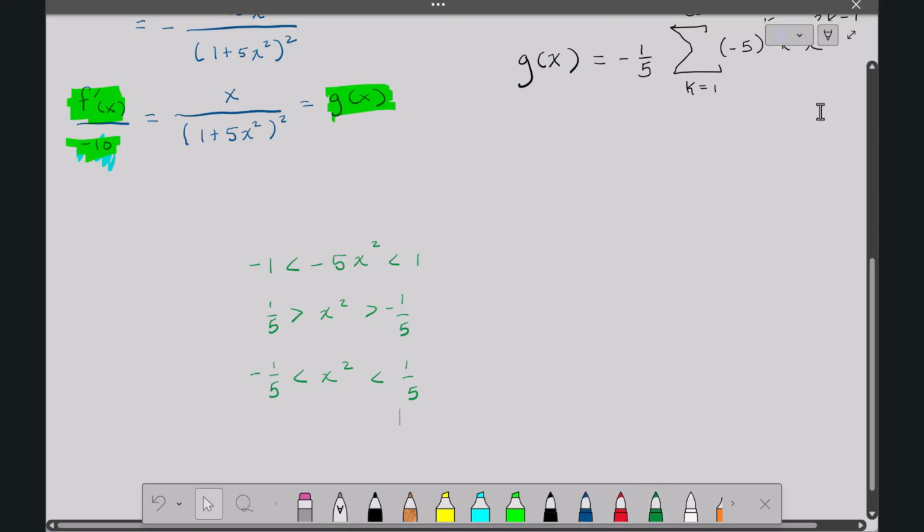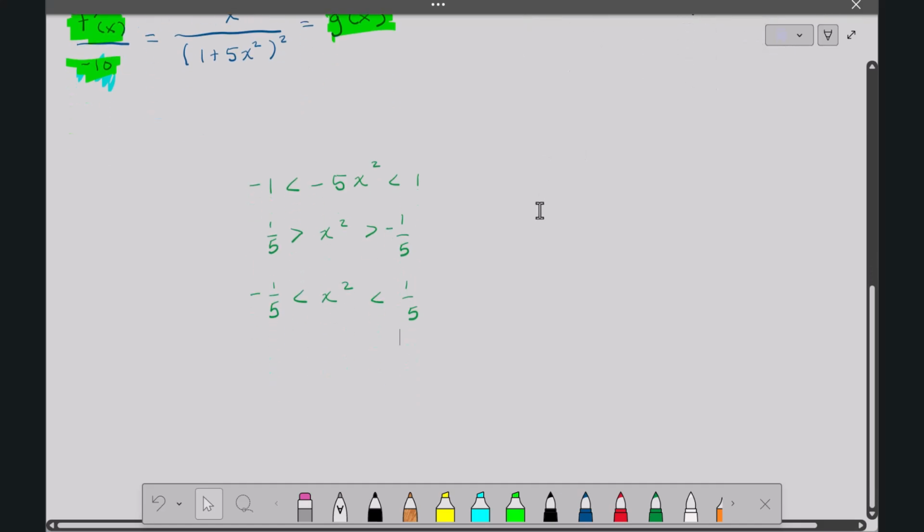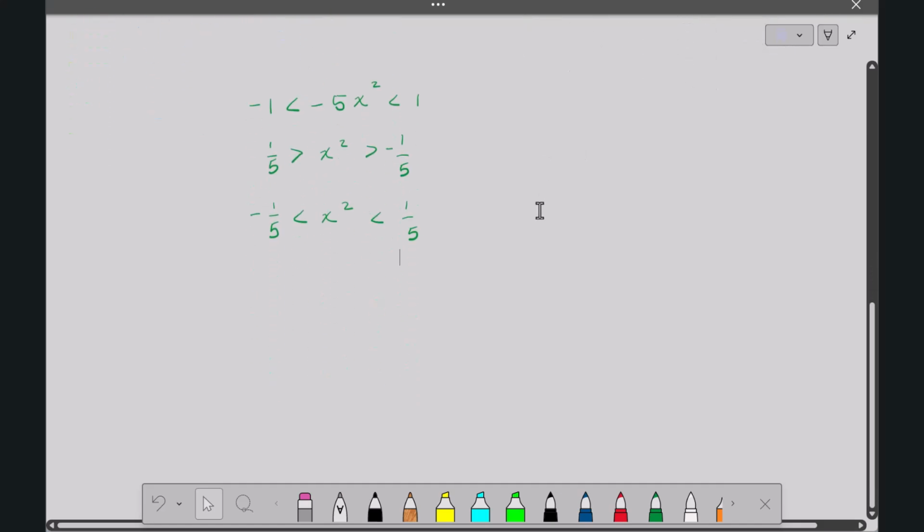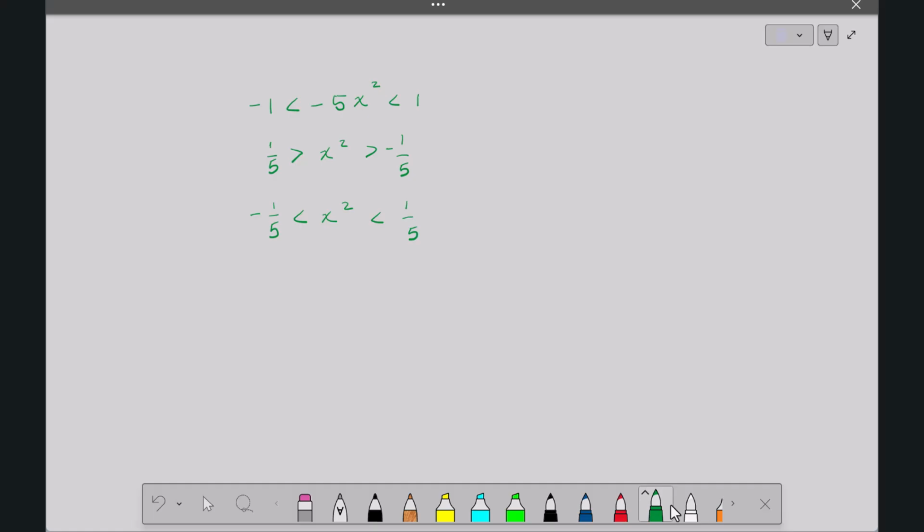Now there's a couple of ways to get at this solution, solving for x. The way I'm about to show you is probably not a way you'll see in a book, but I think it's legitimate. We could use a graphing technique, which would also work.